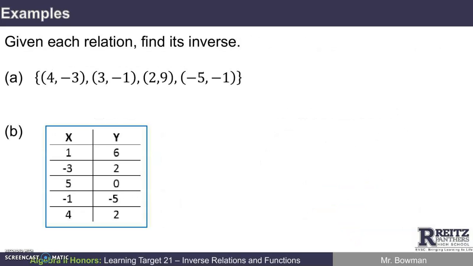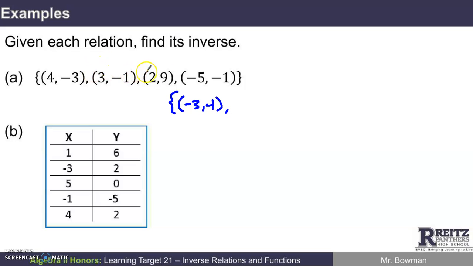Here are two more examples. Given each relation, find its inverse. So here I have a set of ordered pairs. The inverse will be the same set of ordered pairs reversed. If 4, -3 is in the relation, I'll write it beneath, then my inverse should be the same ordered pairs undoing each other. 4, -3, I need -3, 4.